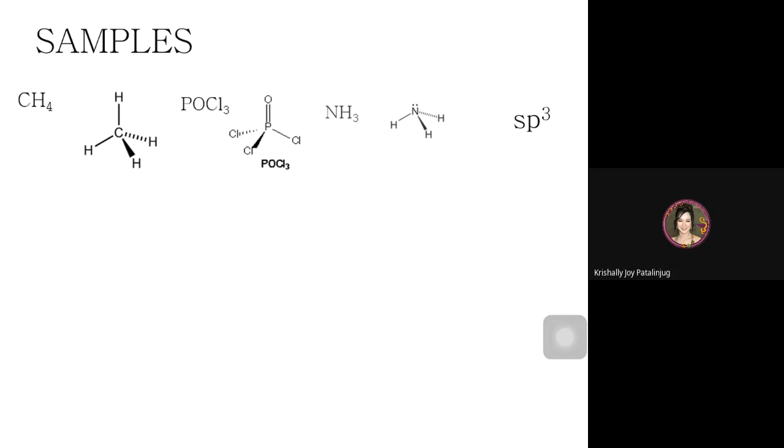So your main clue to determine the hybridization of the central atom of a molecule is to simply count the number of electron groups that surround the central atom. The number of electron groups surrounding the central atom is the total number of orbitals you need to mix.